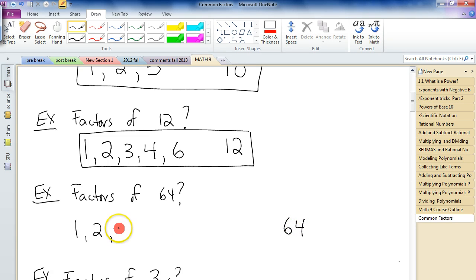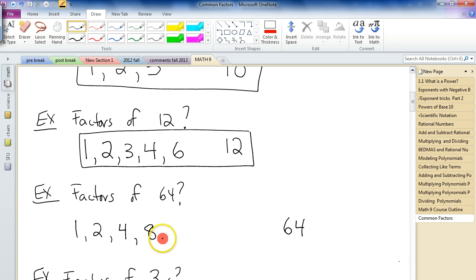So 3 does not work. Does 4 work? 4 does work. Just think 40 works, and 64 minus 40 is 24, and 4 goes into 24. So yeah, it does. Does 5? No. Remember, multiples of 5 always end in 0 or 5. 6 will not work, because we know that 6 times 10 is 60, and 64 is just not going to work. 7 is not going to work. 8 works.